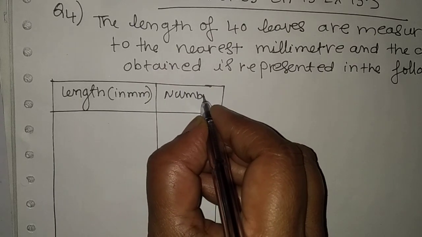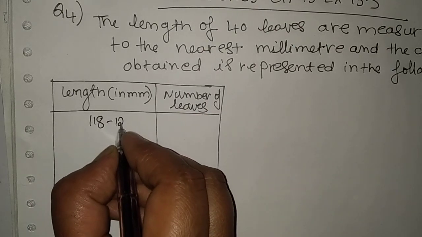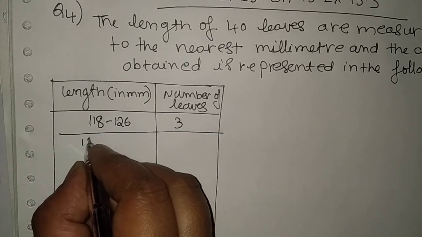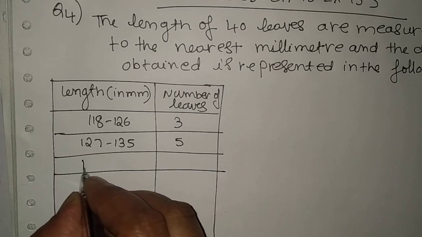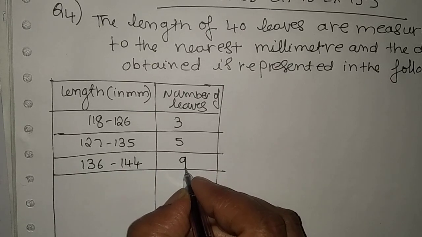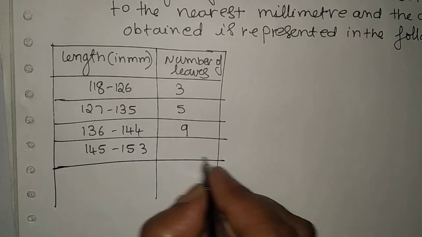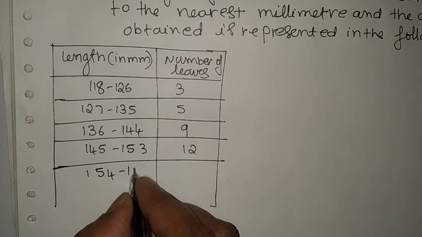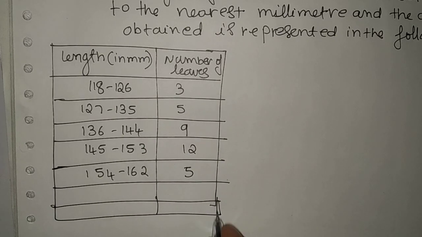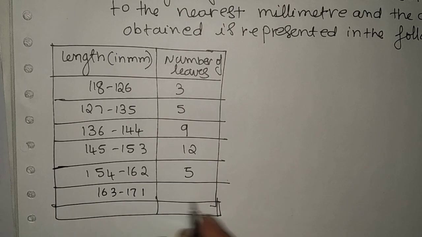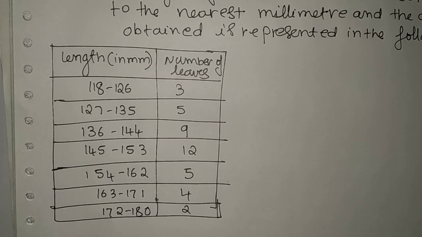Number of leaves: 118 to 126, 3; 127 to 135, 5; 136 to 144, 9; 145 to 153, 12; 154 to 162, 5; 163 to 171, 4; 172 to 180, 2. Okay, this is the data given.